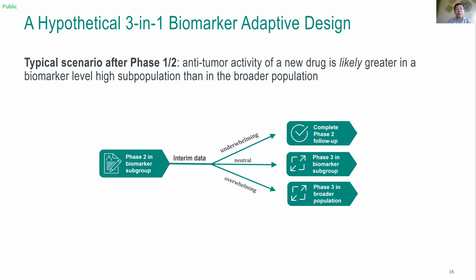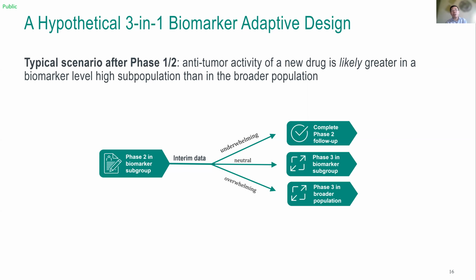So the bottom line is that all those traditional design strategies, as we are aware of for those phase 3 studies, can be added on top of this 2-in-1 design. For example, futility analysis, as we mentioned, dose selection in the middle, or endpoint change, or alpha allocation, or sample size adjustment.